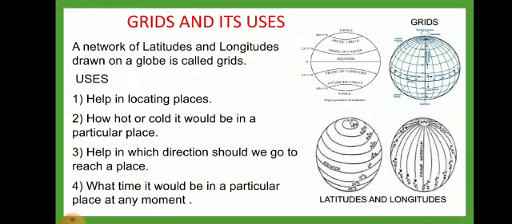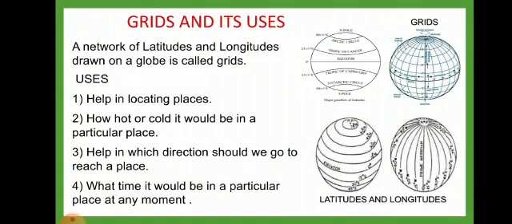Grids and its uses. What is a grid? A network of latitudes and longitudes drawn on a globe is called a grid. Uses of grids: 1. Helps in locating places. With the help of latitudes and longitudes, we can find a place very easily on the map. 2.